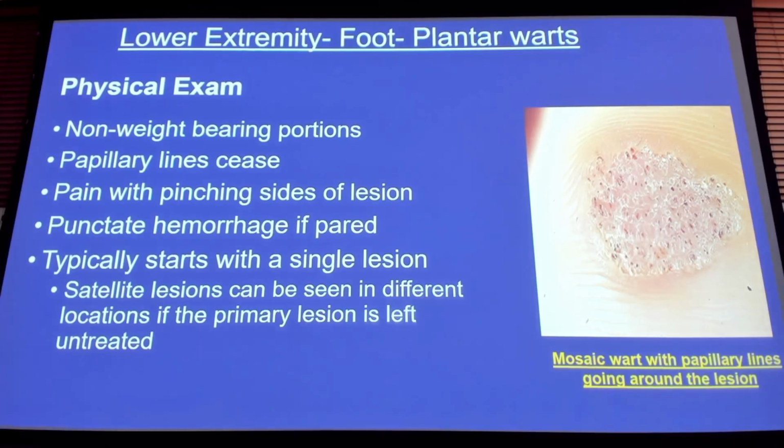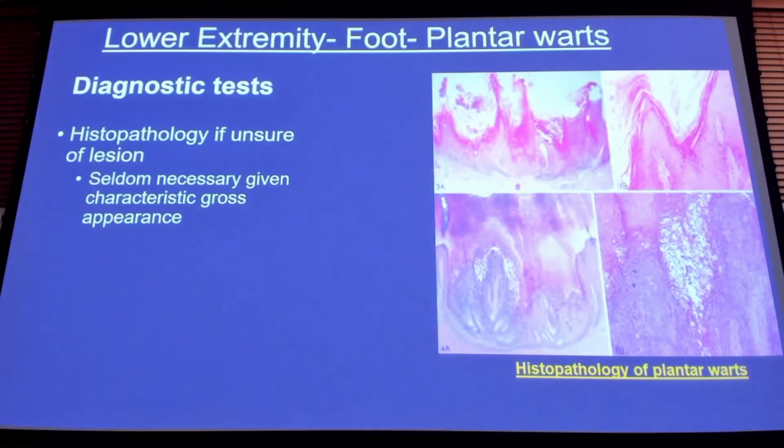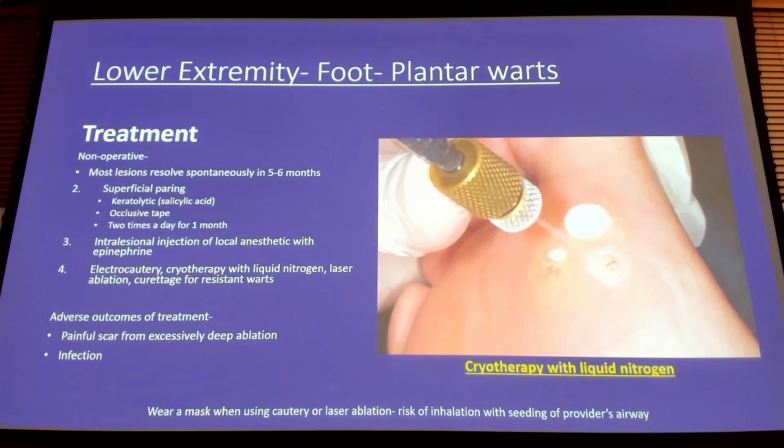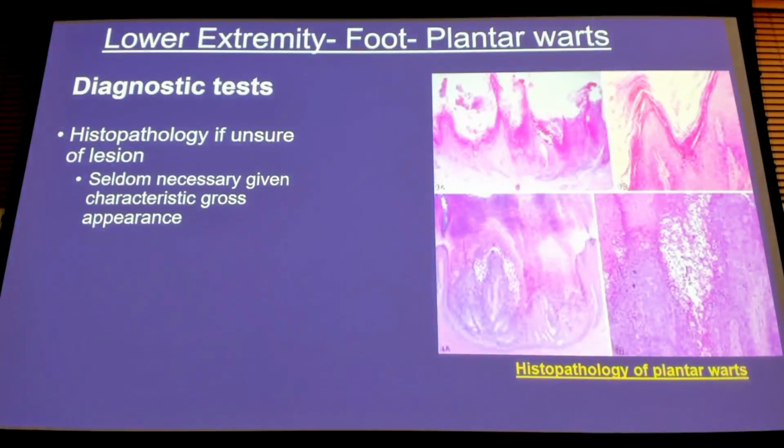Okay. So, if you're going to use your liquid nitrogen to apply some freeze therapy to it, I highly recommend that you pare it down first and then you apply your liquid nitrogen. This is the diagnostic test for it, so that's your histopathology.